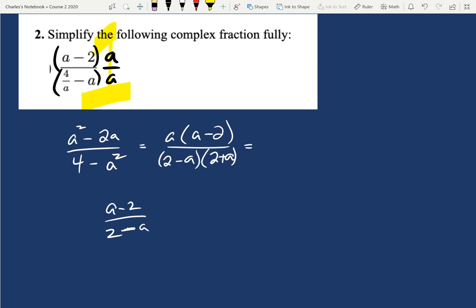If I plug in a number like 10 minus 2 over 2 minus 10, that is going to be 8 over negative 8. I don't have time to keep on going with that, but hopefully I've convinced you that you can cancel these factors, but they don't just cancel to 1, they cancel to negative 1. So I have to put in a negative sign there. So then I get negative a divided by 2 plus a.